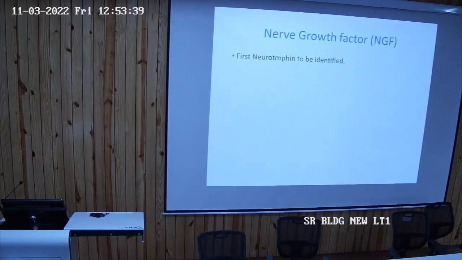Then there are nerve growth factors. This nerve growth factor is the first neurotrophin to be identified. This is the first neurotrophin we know, and this is mainly for the survival of the sympathetic nerve and some sensory nerve.